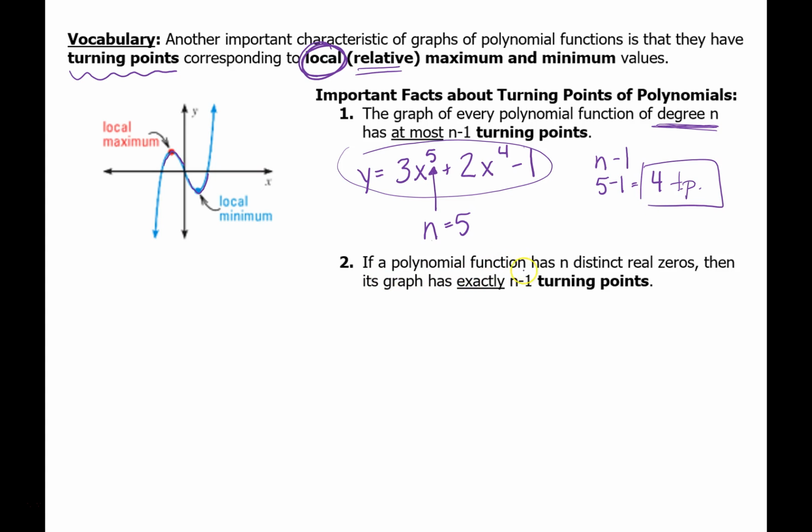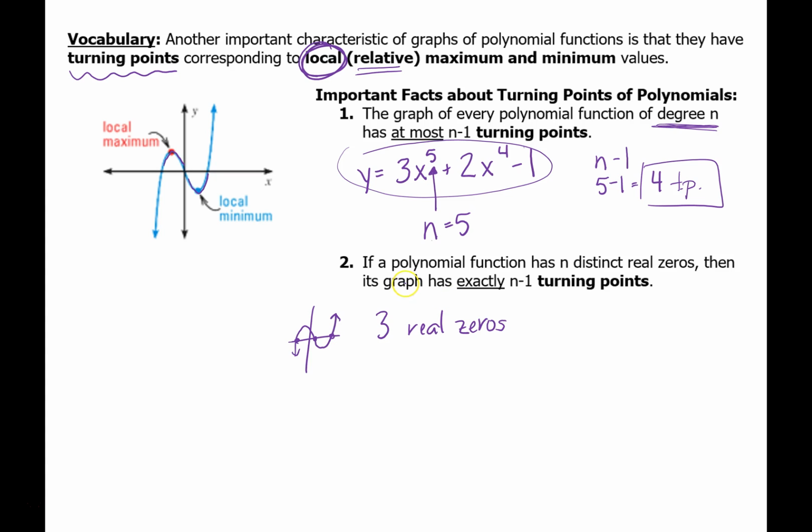If a polynomial function has n distinct real zeros, then the graph has exactly n minus 1 turning points. So let's think about that for a second. Imagine you have been given a polynomial that has 3 real zeros, meaning it crosses the x-axis at 1, 2, 3 spots, here, here, and here, let's say.